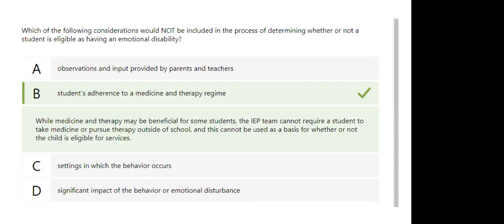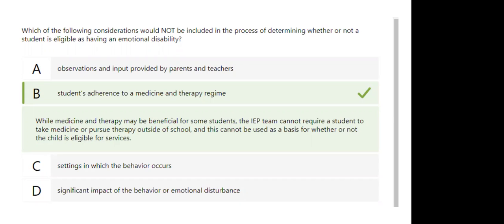Remember, when you have the not questions, 3 of your 4 choices are going to apply to that sentence that you can pull out of the question. 3 of those 4 answers are going to be correct. Only the one remaining is going to be the not. So which of the following considerations would be included in the process of determining whether or not a student is eligible as having an emotional disability?